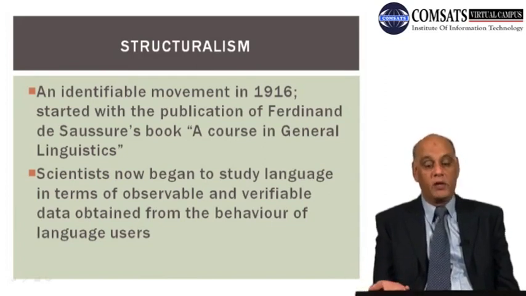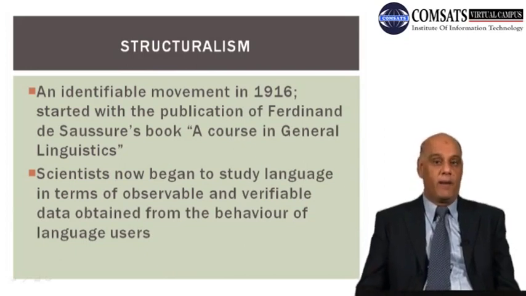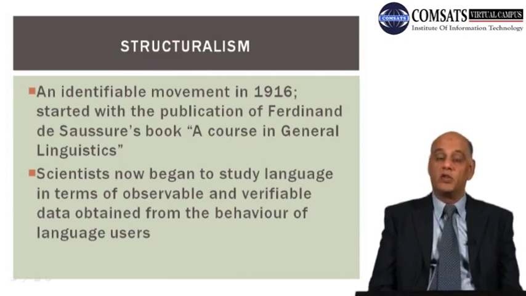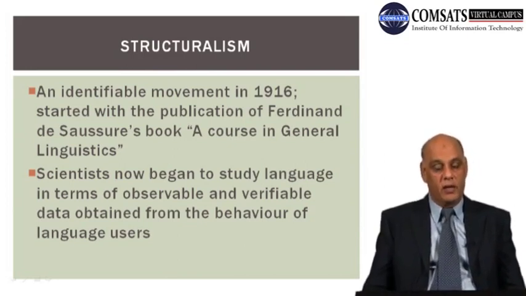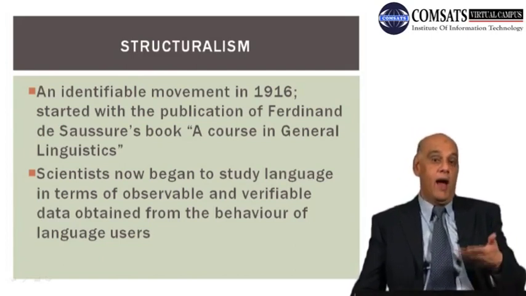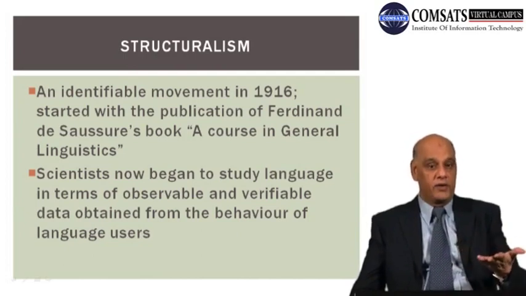Scientists now began to study language in terms of observable and verifiable data obtained from the behavior of language users. So now they were taking data which was observable and verifiable. They could verify the facts empirically. They could take the data, research over it and then verify the results.